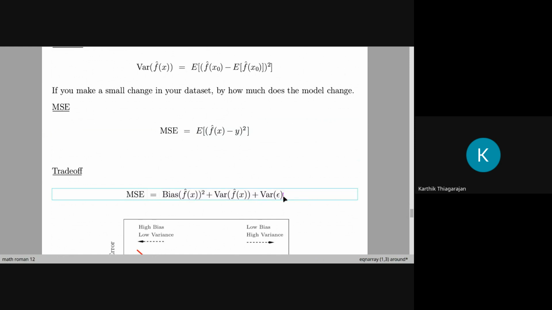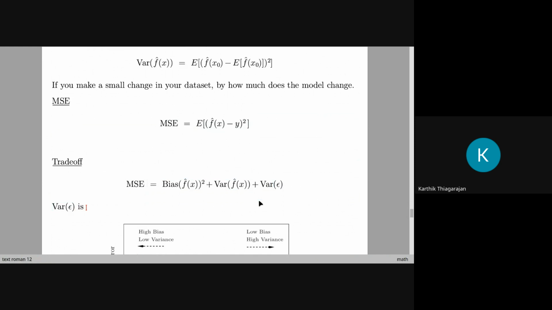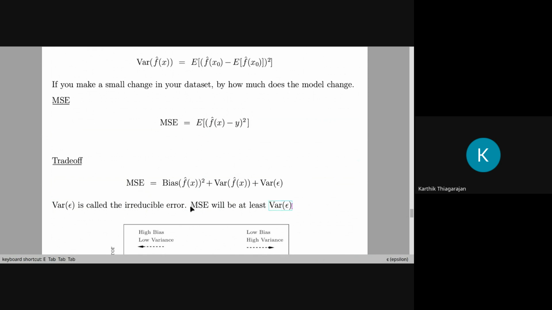So this is what is usually called the irreducible error, because you can never set it to 0. The mean squared error, MSE, will be at least var of epsilon. You can't go below that.